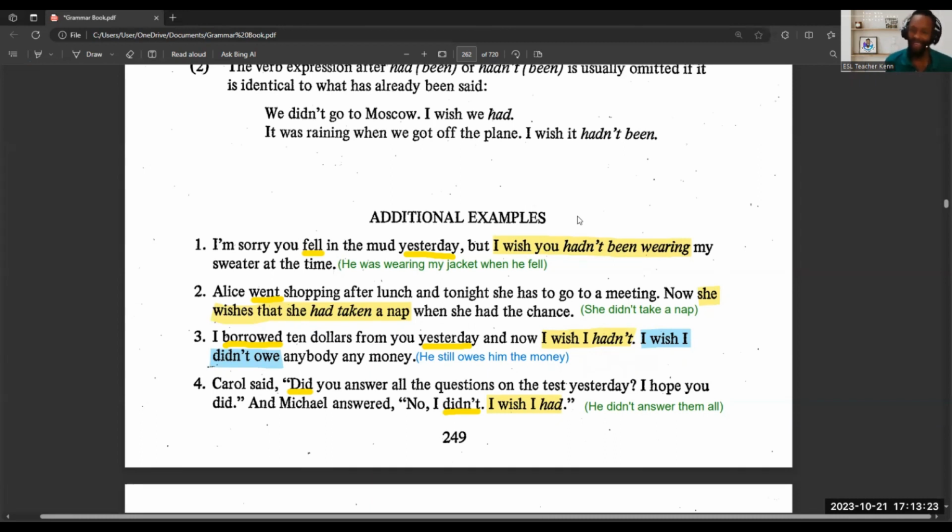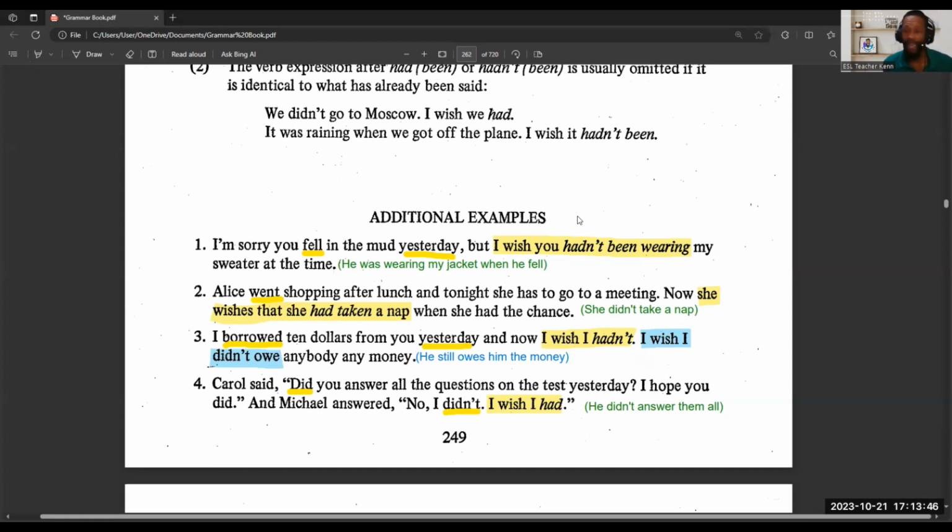Again, I'm sorry you fell in the mud yesterday, but I wish you hadn't been wearing my sweater at the time. I am saying this because he was wearing my jacket when he fell. So he was wearing the jacket. I wish he hadn't been wearing it.